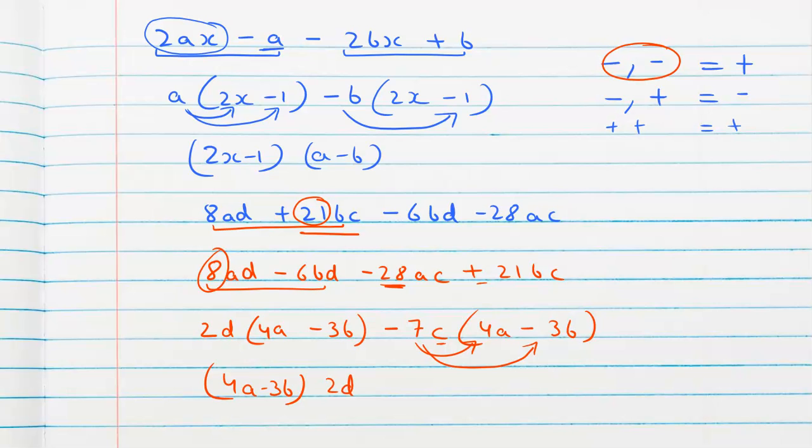Okay, 2d minus 7c. This is our answer for this one. Okay, as long as you get these two factors, doesn't matter. Some people switch this 2 over here, and some people might bring 28 over here, and 21 goes over there. That is perfectly fine. Doesn't matter how you did it.